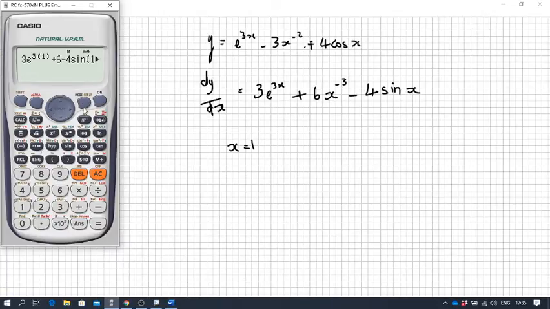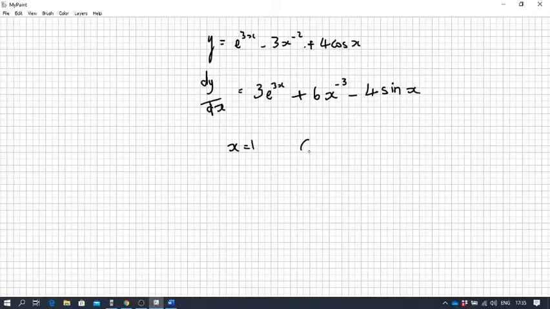So dy dx when x equals 1 should give us a value of 62.89. Now we have been asked for 2 significant figures, so 62.89, and then we will round it.